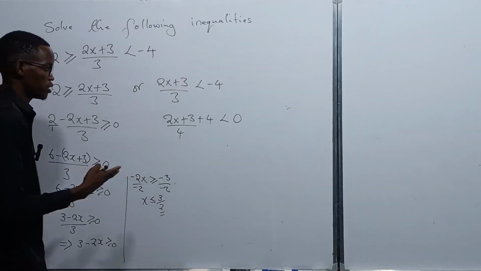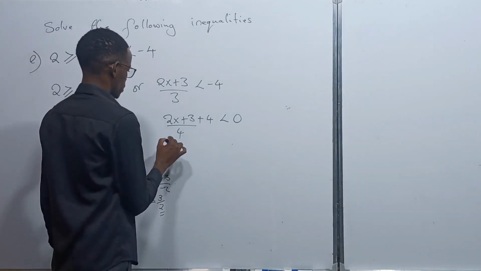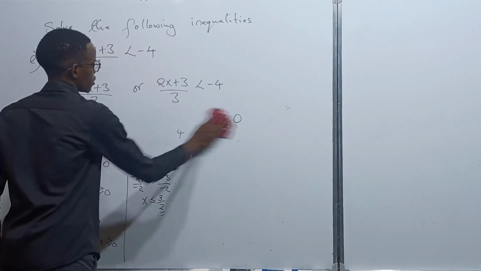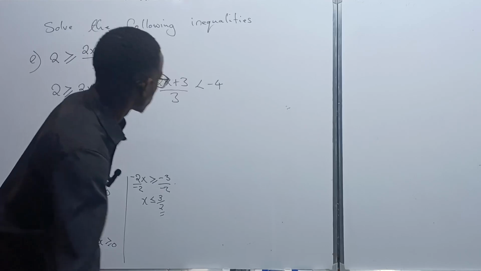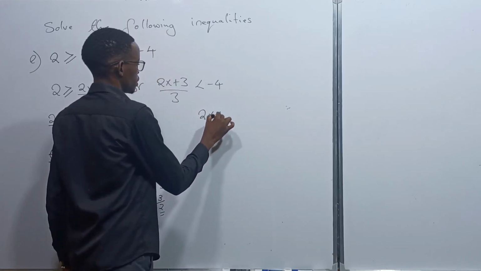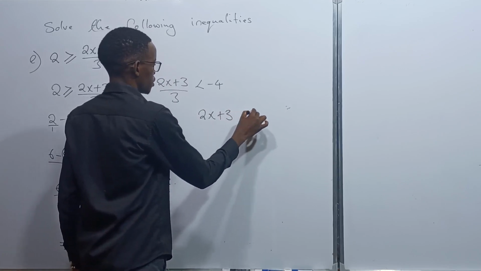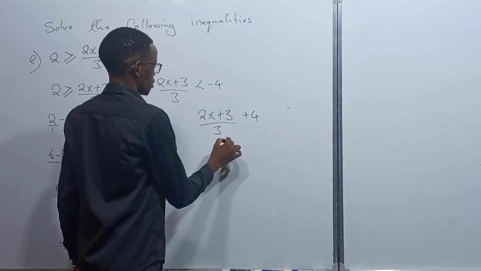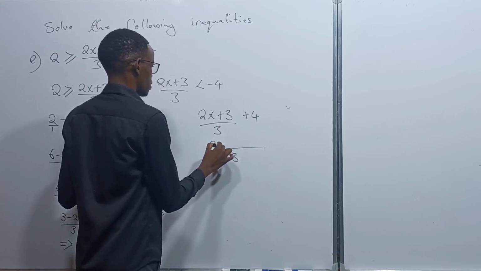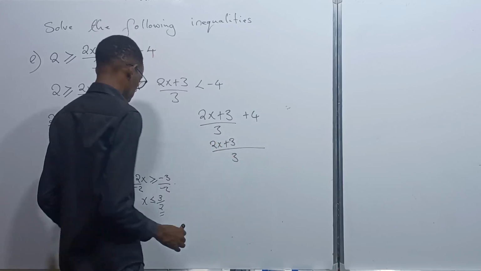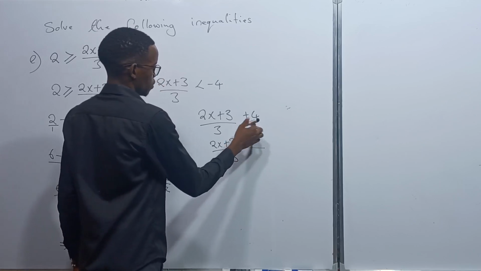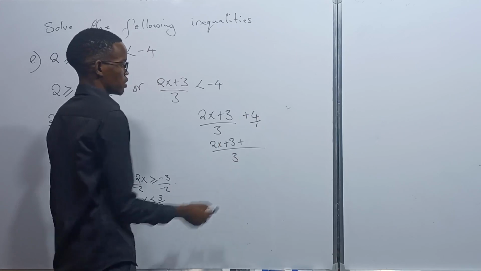So the common denominator for this one, let me just write it nicely. Here we have 2x plus 3 plus 4 over 3. So the common denominator is 3. So here we have 2x plus 3 plus 1, because this is just the same as 4 over 1.